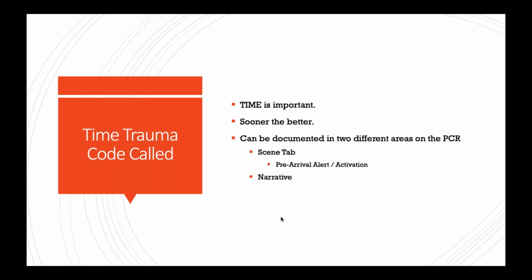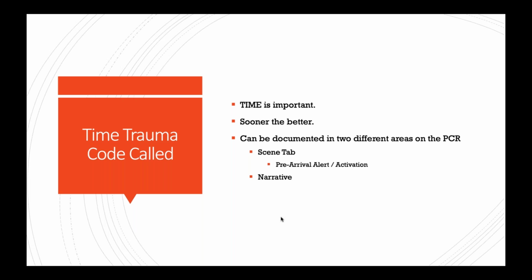On the scene tab on the mobile touch system, if you click treated and transported, there is this pre-arrival alert and activation that shows up. There are a lot of different activations in there: trauma, stroke, STEMI, whatever the case may be. In this case, trauma.